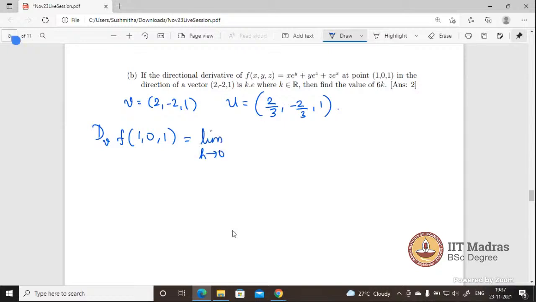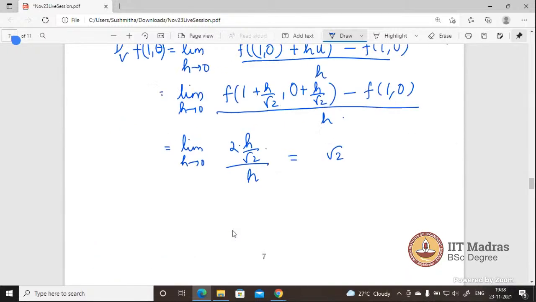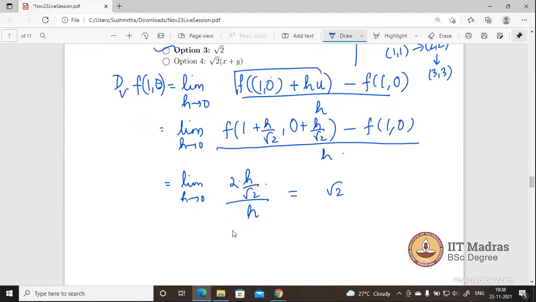Limit as h tends to 0, f of (1, 0, 1) plus h times this, and then minus f of (1, 0, 1).